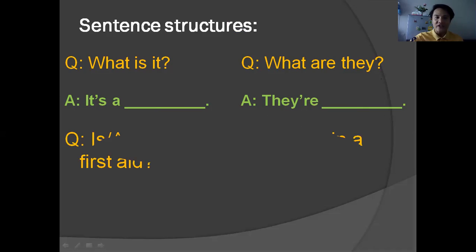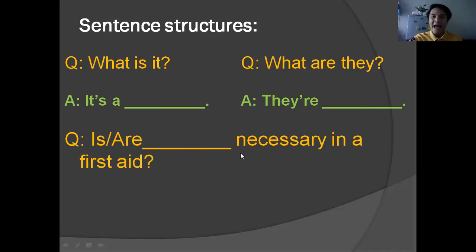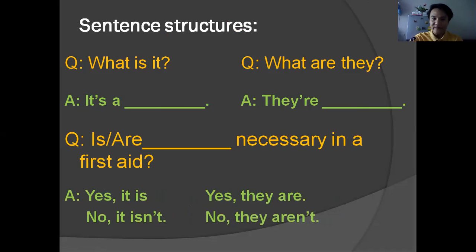Our second structure is, is blank necessary in a first aid? For example, is bandage necessary in a first aid? The answer is yes, it is. Now, is cell phone necessary in a first aid? No, it isn't. Now, if we use are, are scissors, are cotton pads, are cotton balls necessary in the first aid?